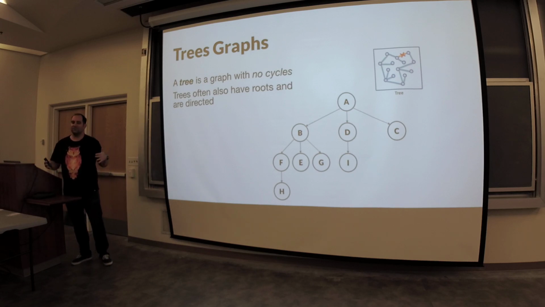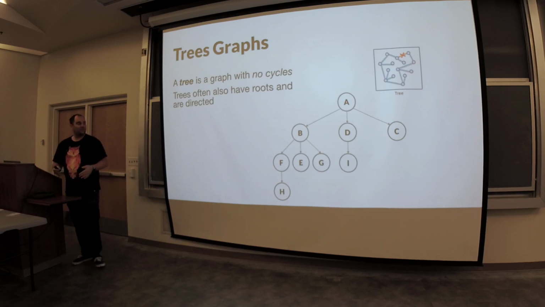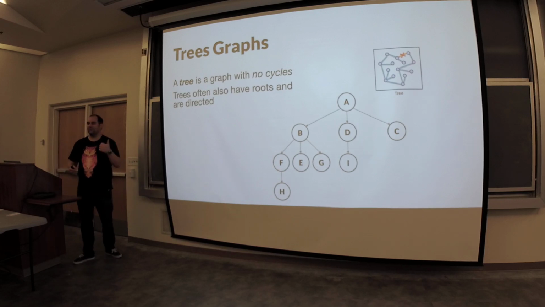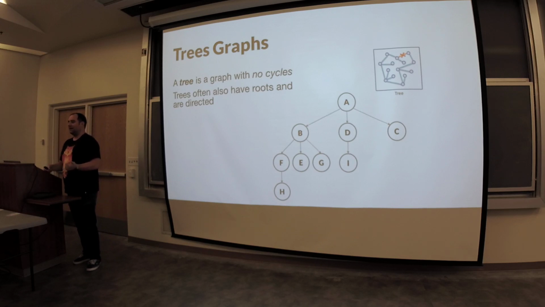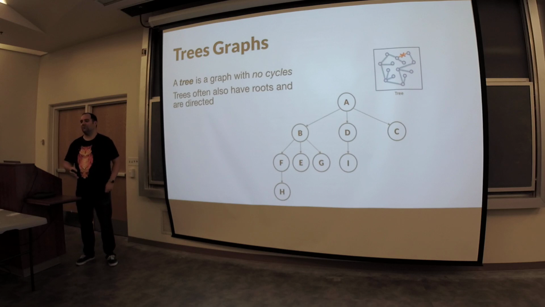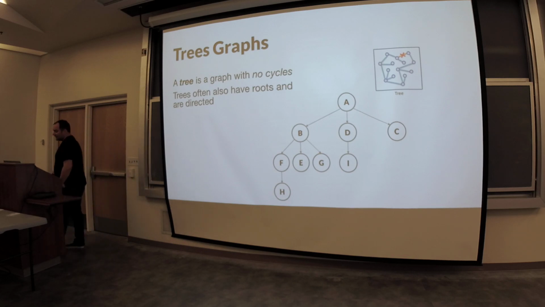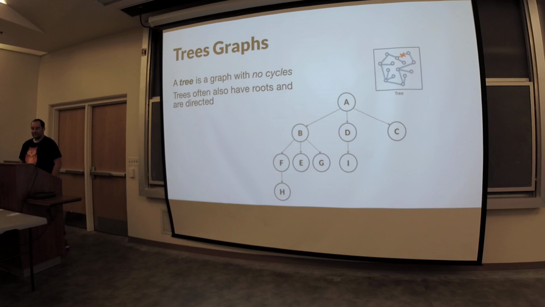In practice, when we think about a tree, we very frequently think of it as rooted and directed. An organization chart, or who you report to in an organization, could be a tree, and that is usually directed and rooted. So here is an example of a rooted and directed tree. But there are no cycles, so there's always a unique path between two items in a tree.